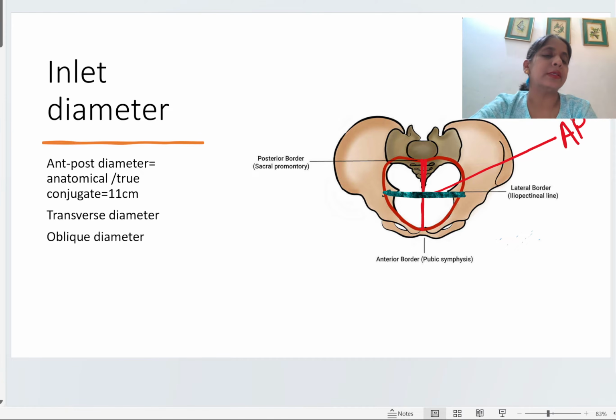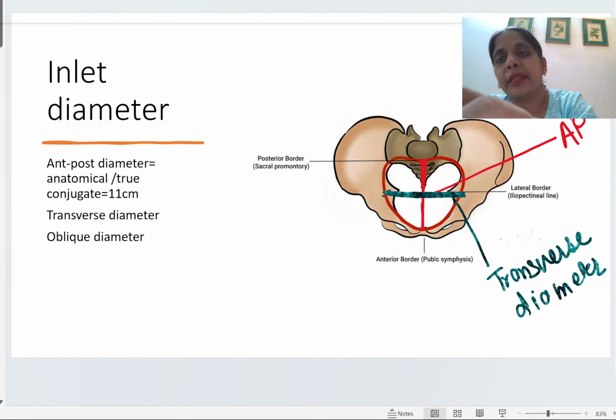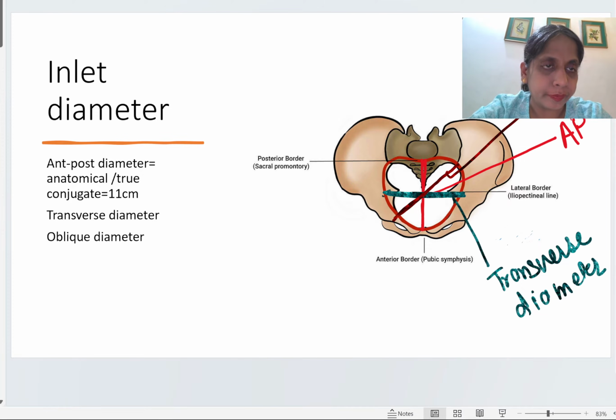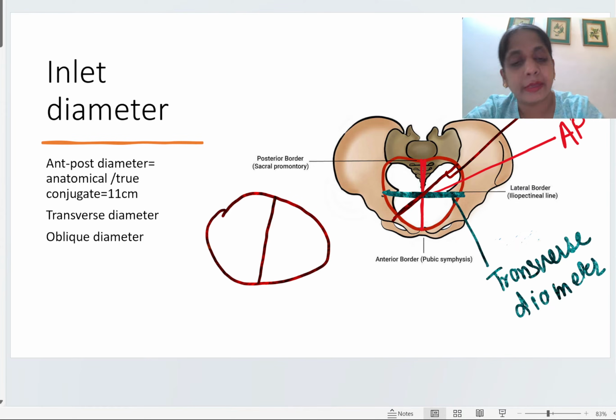Similarly, a line going transversely is the transverse diameter. This blue line is the transverse diameter. The line which goes oblique is the oblique diameter.